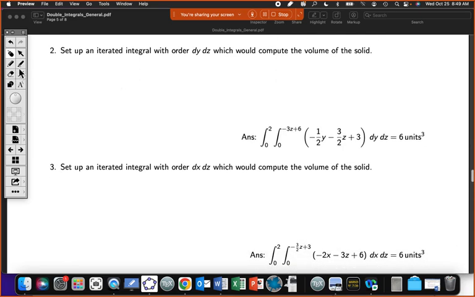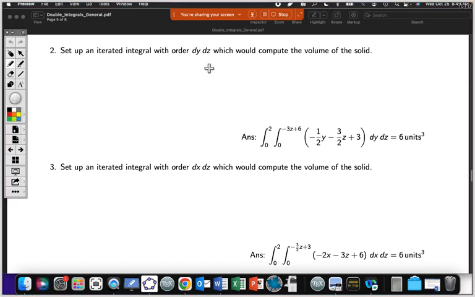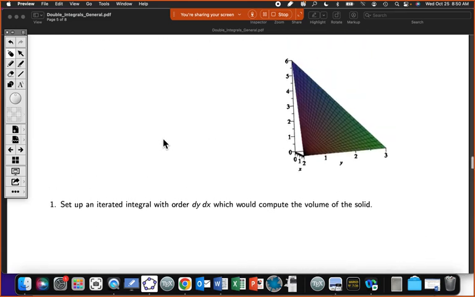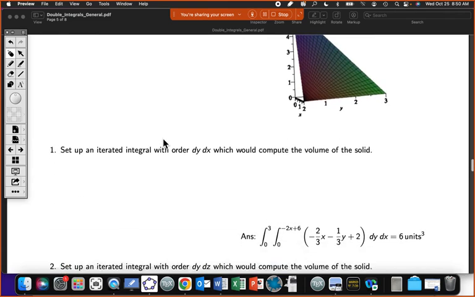All right, set up an iterated integral with order dy dz, which would compute the volume of the solid. So once again, when they give you the order dy dz, this is telling you that they want the base in the yz plane, which means the height would be given by what variable? X. And so we've got the plane 2x plus y plus 3z is 6.